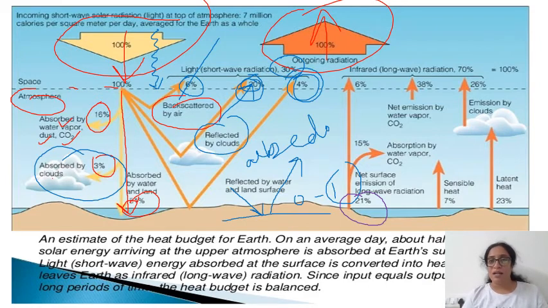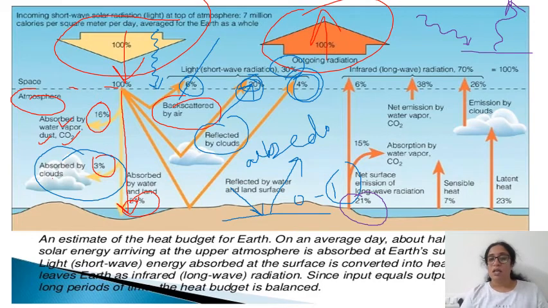Please remember that the sun's energy strikes the earth's surface in the short wave form, whereas when the earth gets heated up and starts radiating heat, it is in the form of long waves. So incoming solar radiation is short wave, whereas outgoing infrared radiation is long wave. Here the 21% of long wave radiation is released into the atmosphere.